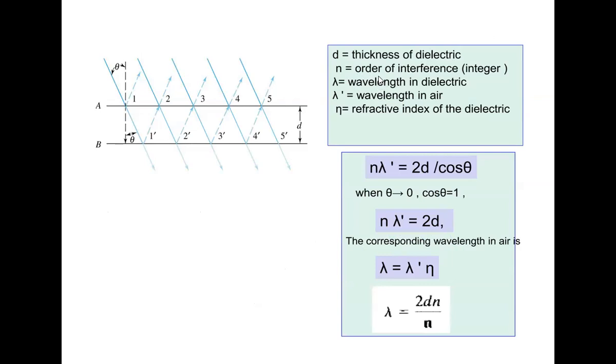Order means 1, 2, 3, 4. That's an integer. It starts with order 0, order 1, order 2, order 3, and so forth. And we have lambda, the wavelength in the dielectric. Then lambda prime is the wavelength in air.